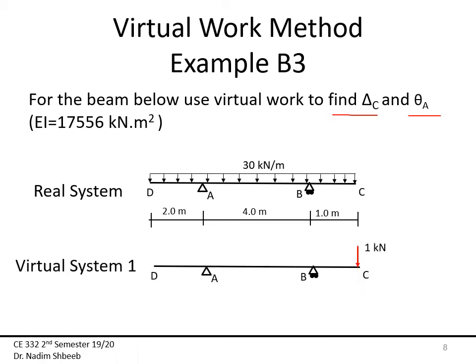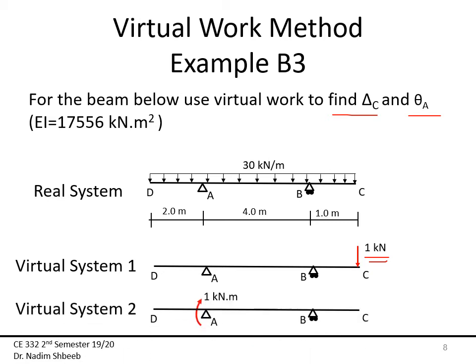So my virtual system number one, I'm going to put the virtual force at C to find delta C. Again, I'm going to use 1 kilonewton. And then my other virtual system is going to put a virtual moment at A, which is 1 kilonewton, to find theta A. So here I have only two virtual systems to find two different things. This one will get me delta C, and this one will get me theta A.